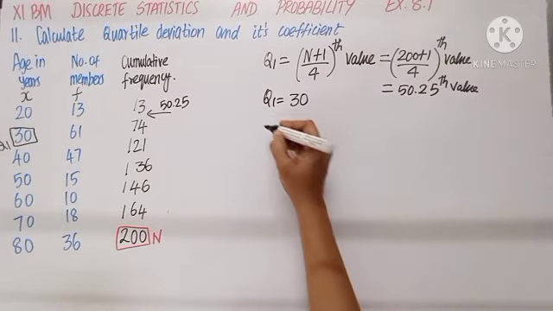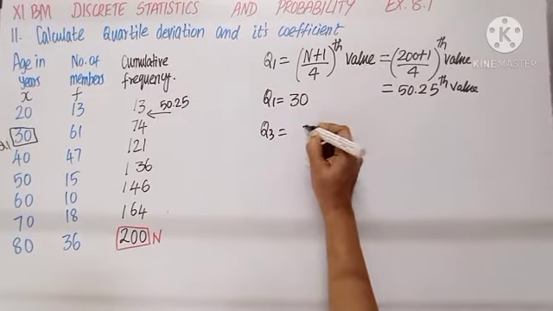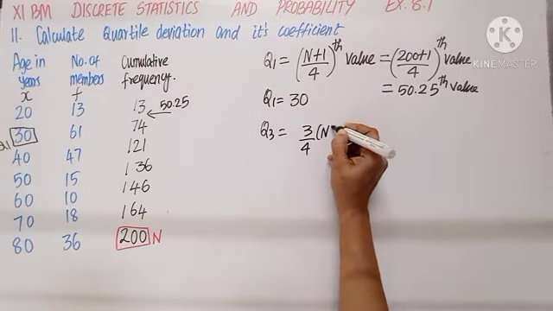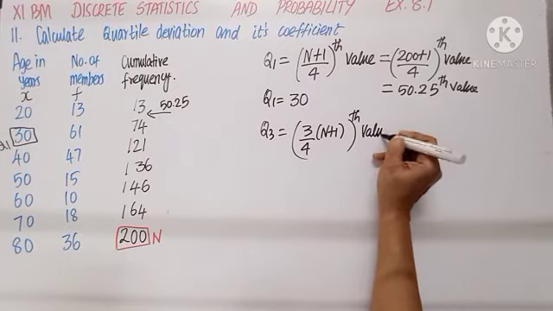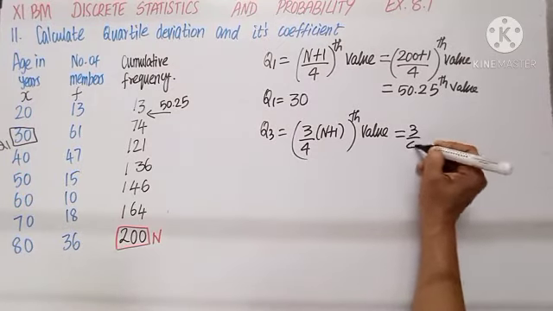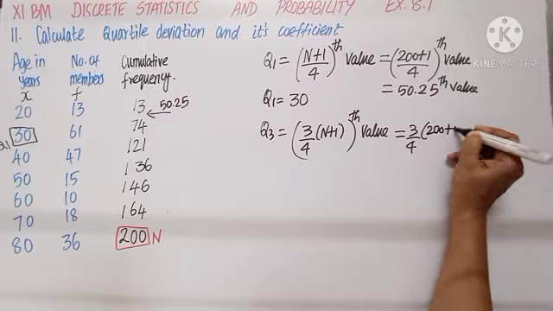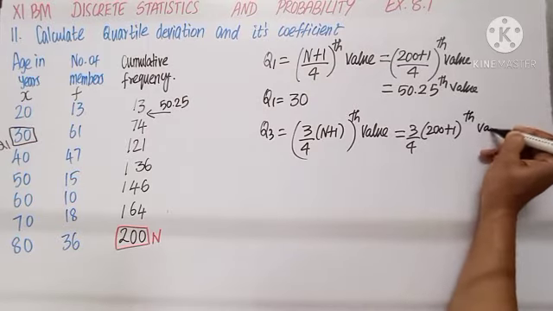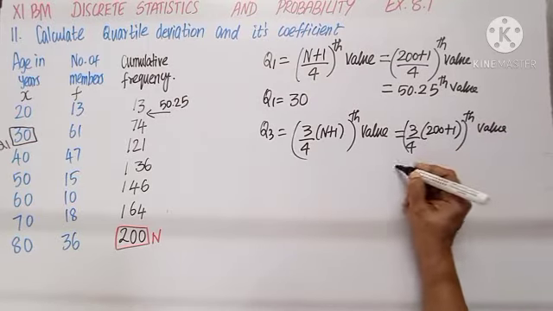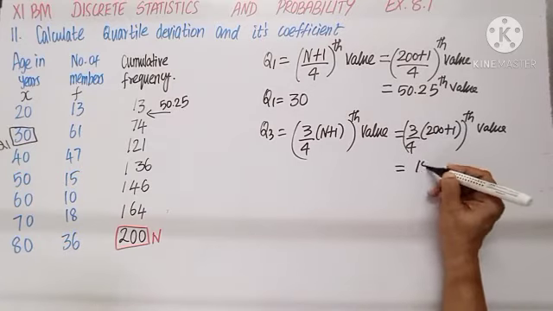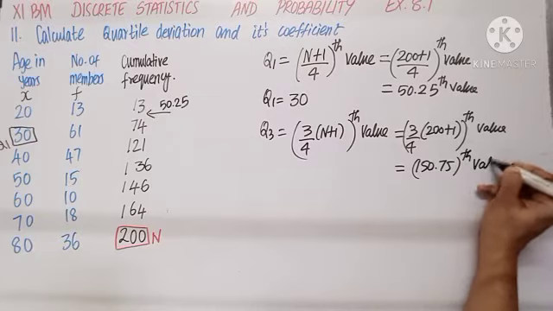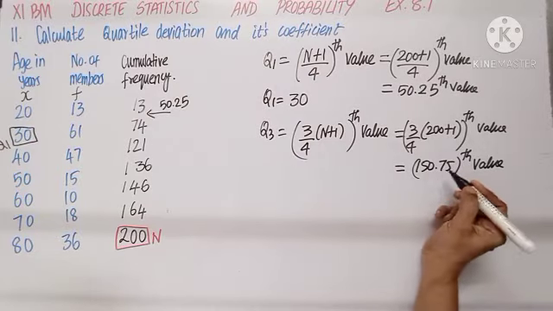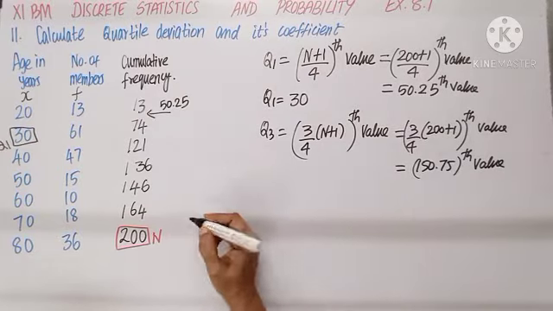Now to find Q3, remember the formula: 3 by 4 of the (N plus 1)th value. I calculate 3 by 4 of 200 plus 1. As we check, it is 150.75. You must check where this 150.75 is crossing.